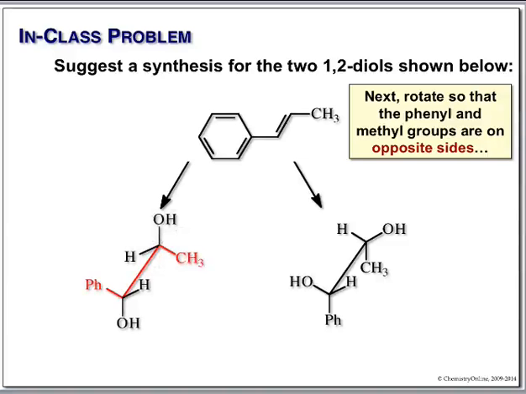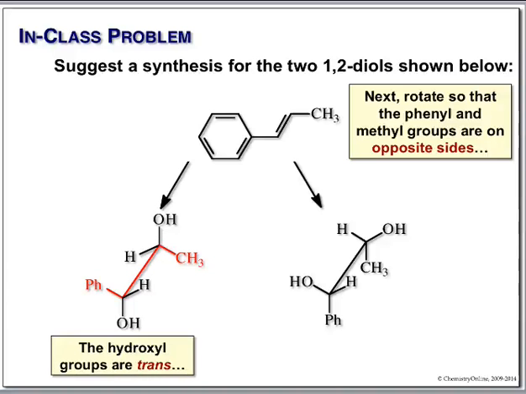What is the relationship of our two hydroxyl groups? They're opposite each other, aren't they? That means the hydroxyl groups are trans. If the hydroxyl groups are trans, we made this by making an epoxide and then ring opening. Isn't that clever?